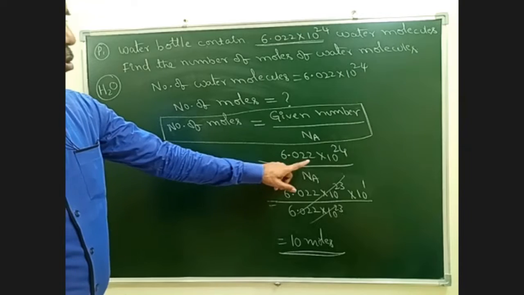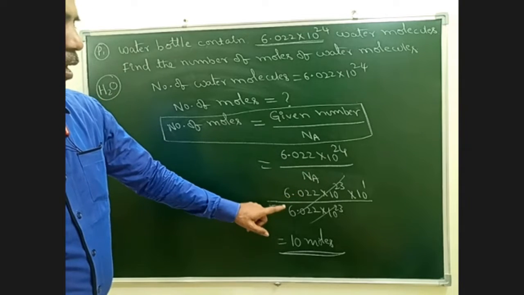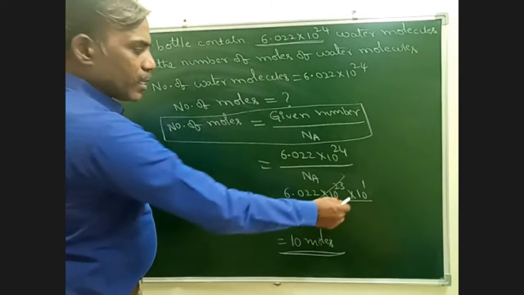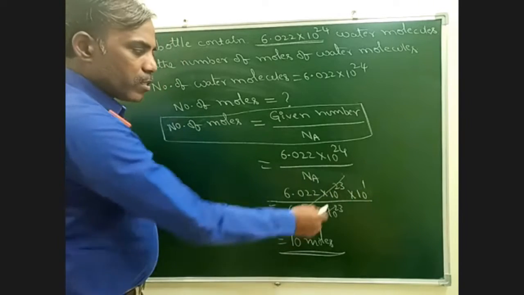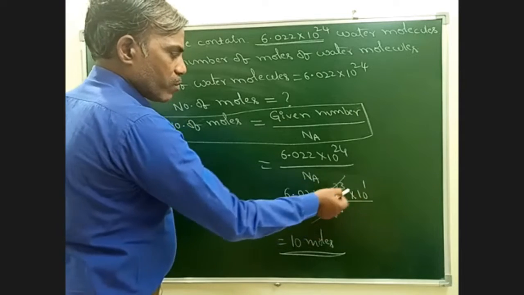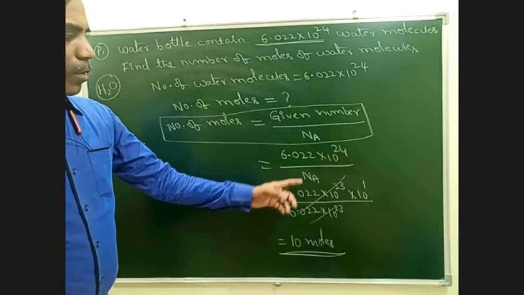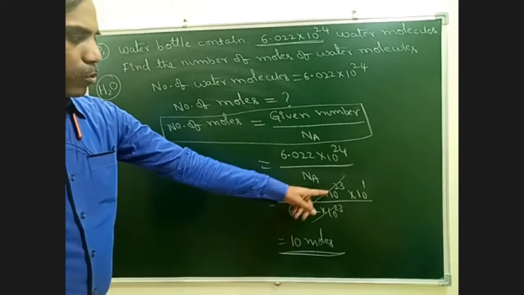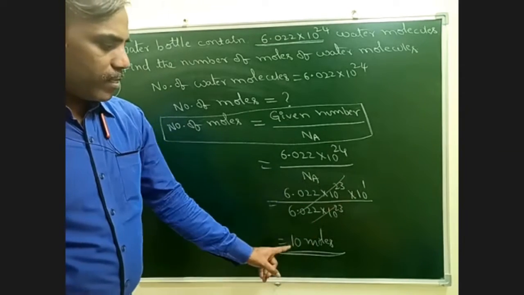The 6.022 in 10 power 24 can be written as 6.022 into 10 power 23 into 10 power 1, because 23 plus 1 is 24, divided by Na, that is 6.022 in 10 power 20... 23. So these two will cancel. The remaining is 10.